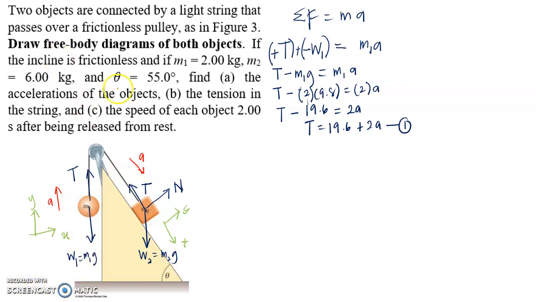So now I'll be drawing the components of W2. This one is going to be W2y, and another one will be W2x. Looking at the question, theta is given as 55 degrees.